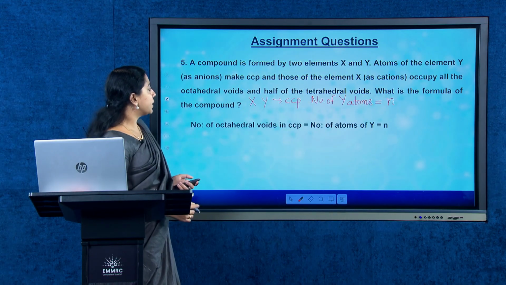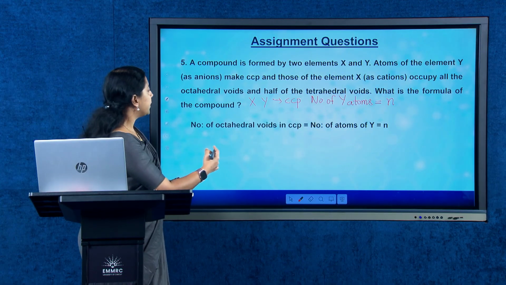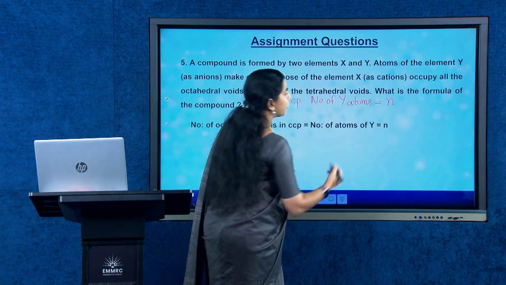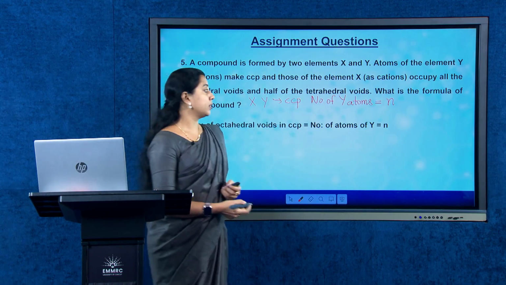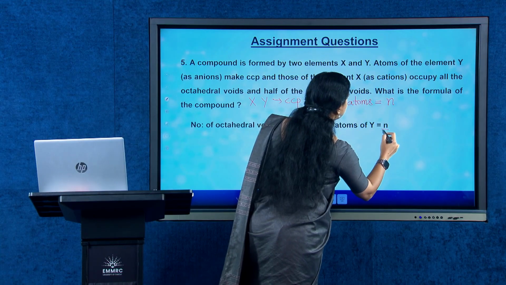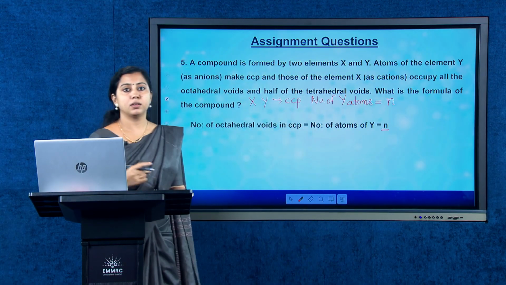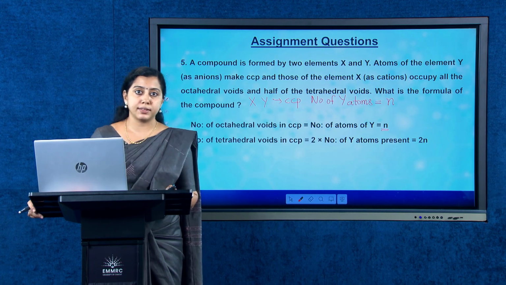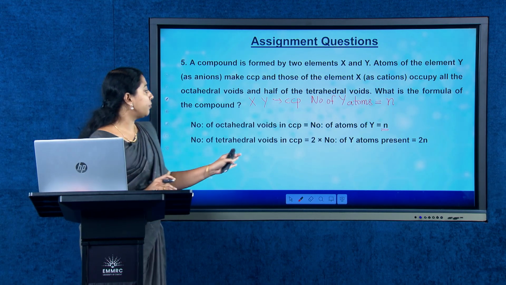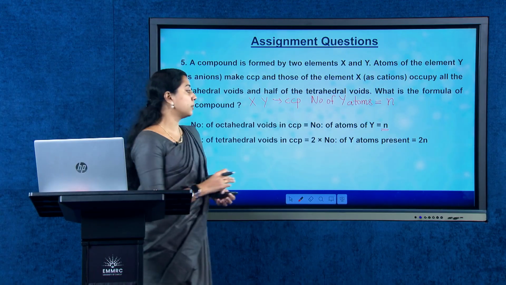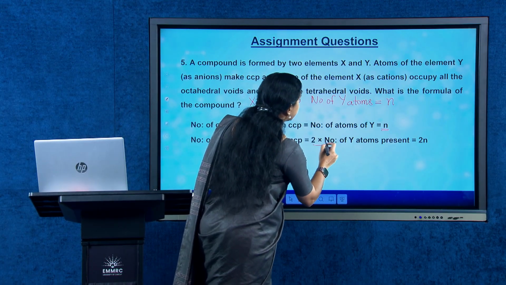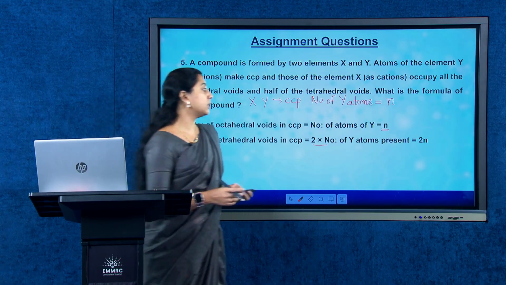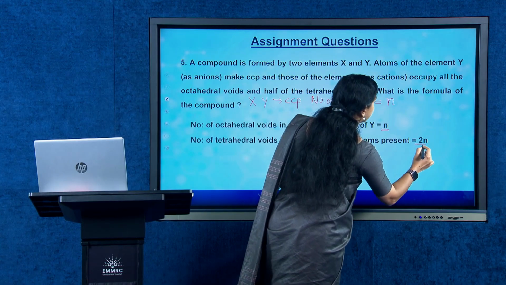And if Y make a CCP arrangement, then the number of octahedral voids in CCP will be equal to the number of atoms of Y. So that will be equal to n. Okay. Now, what will be the number of tetrahedral voids in CCP? We know that the number of tetrahedral voids in a close packed structure will be equal to twice the number of atoms surrounding it. So 2 into number of Y atoms present, so that is equal to 2n.